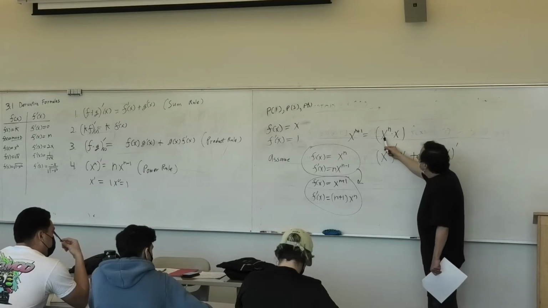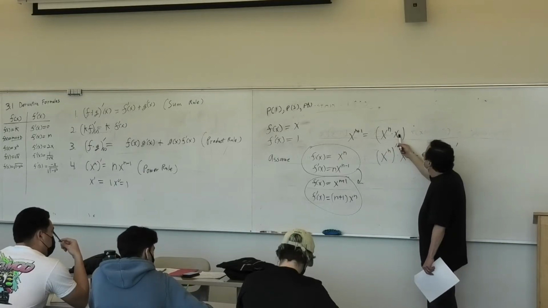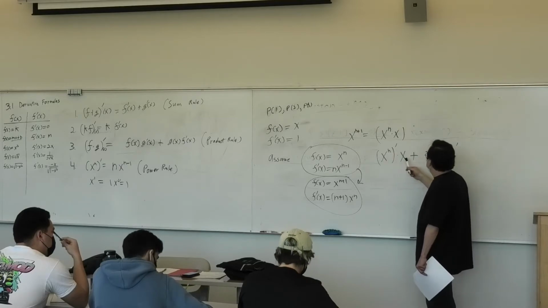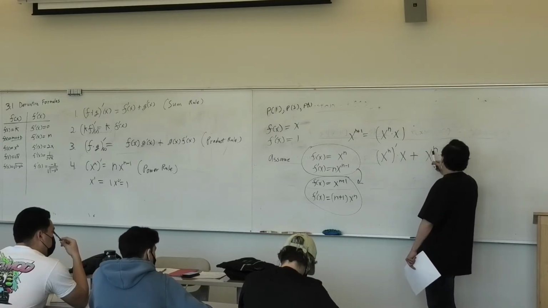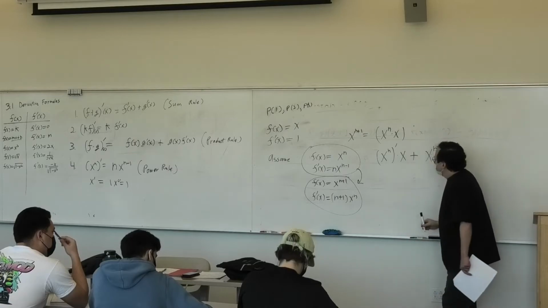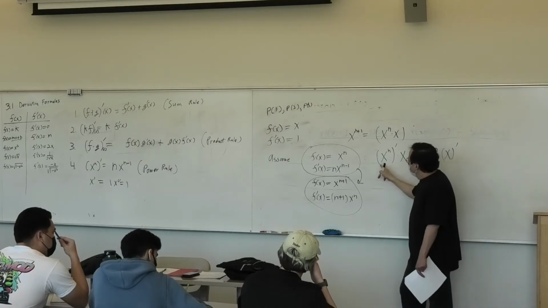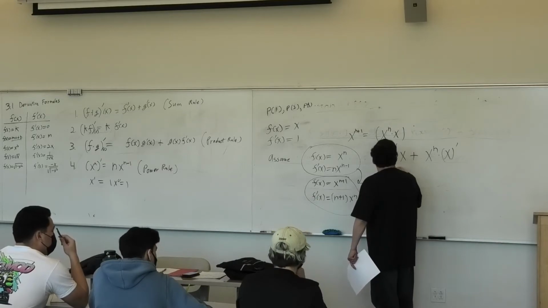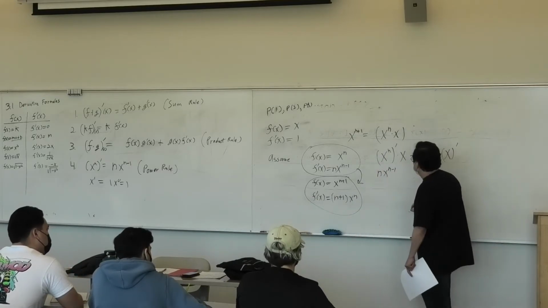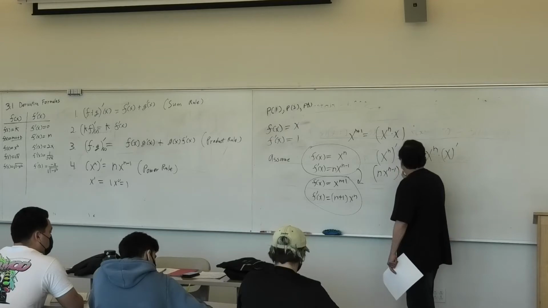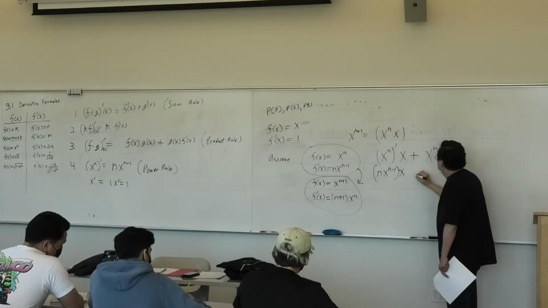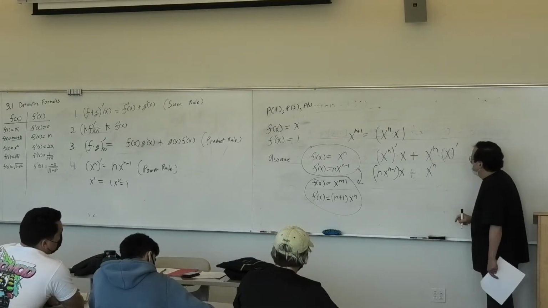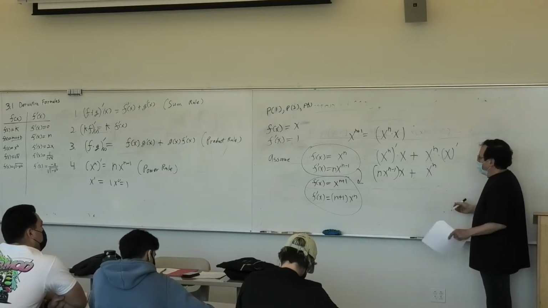So my product is x to the n times x. So it's the derivative of x to the n times x plus x to the n times the derivative of x. But we know the derivative of x to the n. That's n x to the n minus 1. That's part of our assumption. And we're going to multiply that by x. And we know the derivative of x is 1.